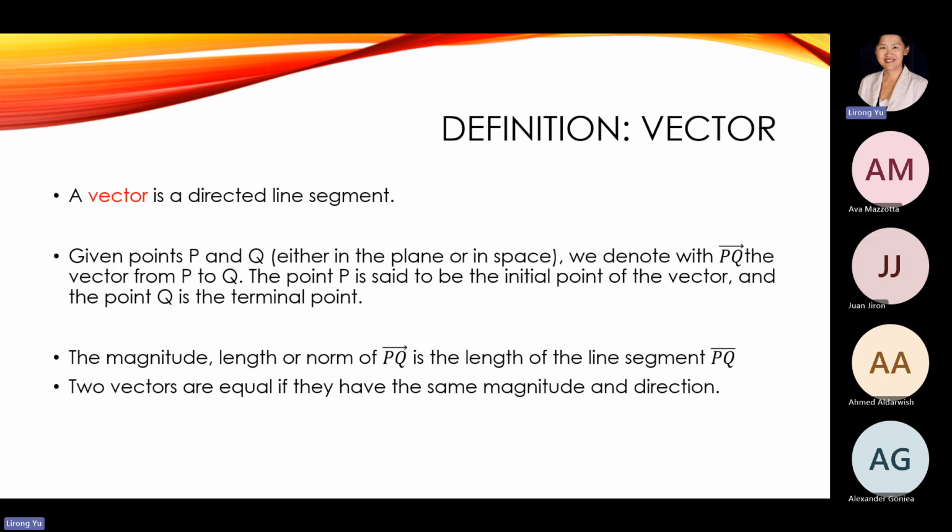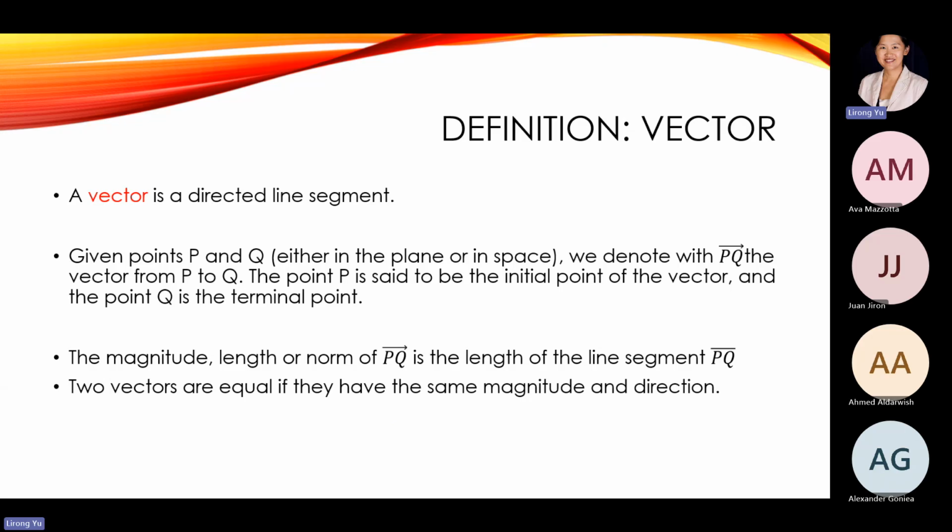So a vector is a directed line segment, so you have to have an initial point and a terminal point. Notation wise, let's say the initial point is P and the ending point is Q. We use PQ with an arrow on top of it to represent the vector PQ, with P the initial point and Q the terminal point.